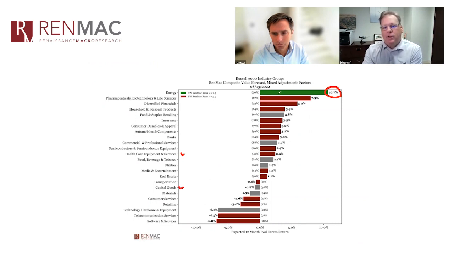Now, that's not beta adjusted. So you're going to have some industry groups like software, as an example, or even semiconductors that are going to have a lot more variability, a lot more beta, and those numbers might reflect themselves in this ranking. The way that we get around that is we look at this number in parentheses, and for energy today, that's 90%. What that means is that the valuation technique for energy is in the 90th percentile of cheapness that we've seen historically.